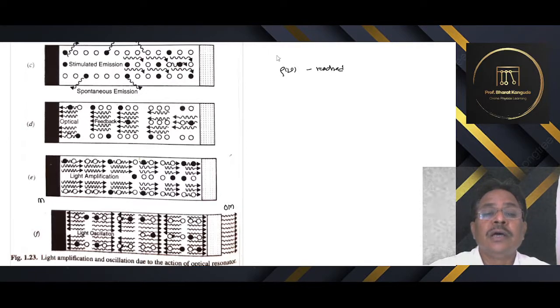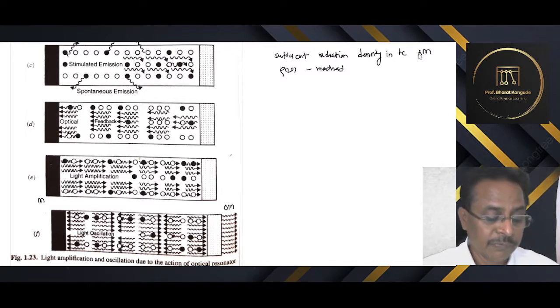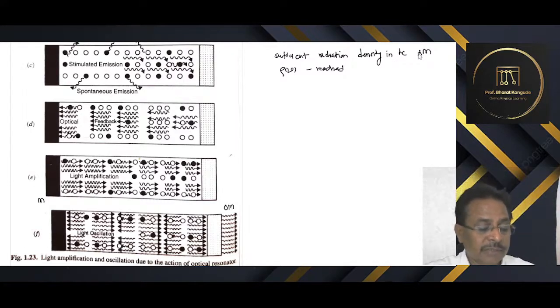The radiation density in the cavity, or in this active medium, reaches a certain stage, and the radiation density within the medium becomes very large.